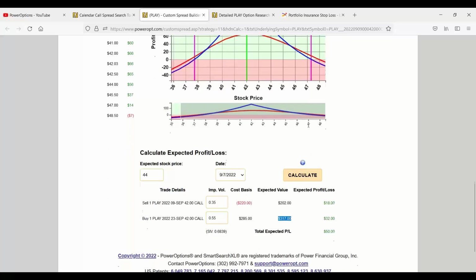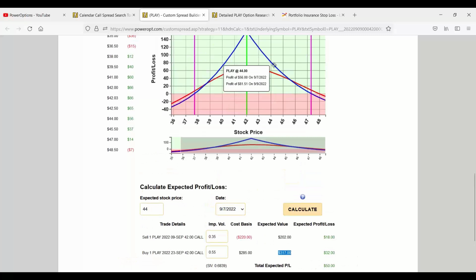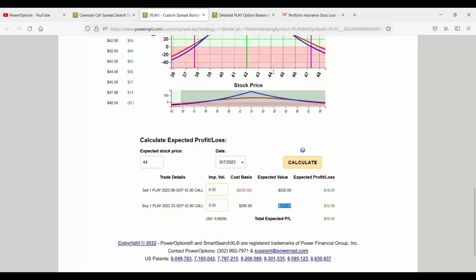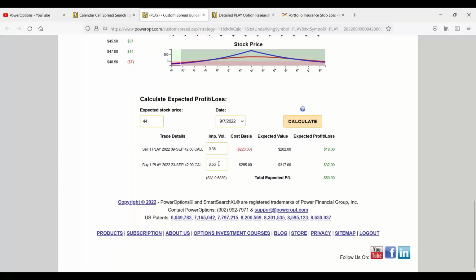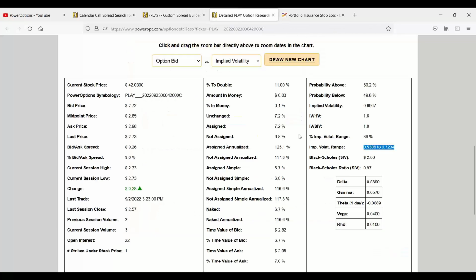But don't expect to always see the profits you're expecting on this chart or on your broker's chart, because that is solely based on the implied volatility remaining the same. Use this tool here on the profit and loss chart to analyze and estimate what the change in your potential expected profit might be if you go back to that lower range of the implied volatility for your particular option and your particular trade. Link to the research tool there.